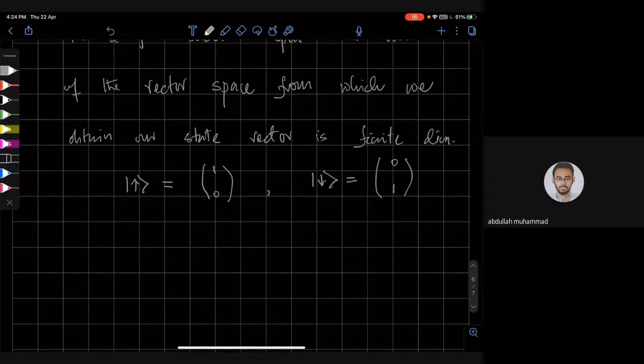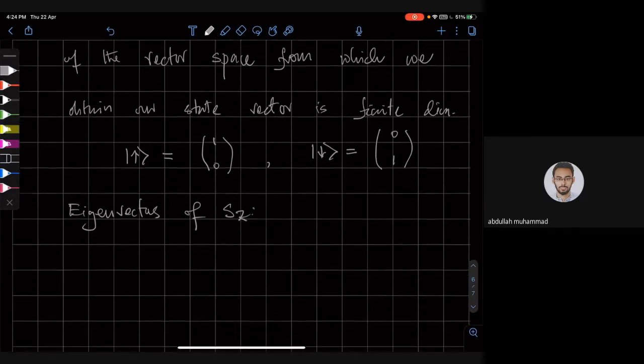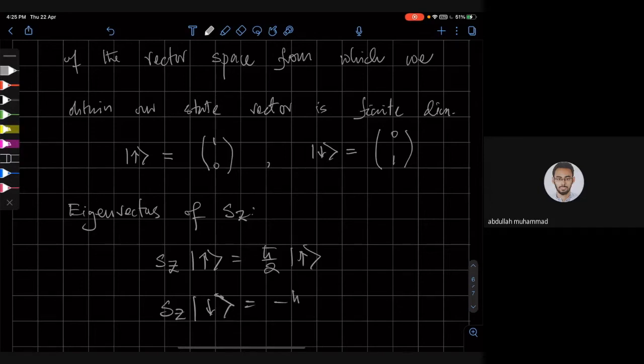And then we see that these vectors are eigenvectors of Sz, because when you apply Sz on spin up, you get h bar by 2 spin up, and when you apply Sz on spin down, you get minus h bar by 2 spin down.